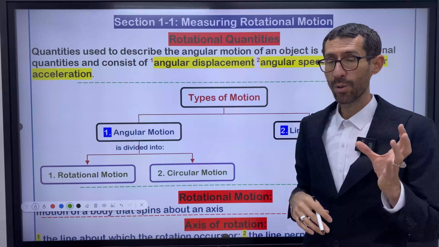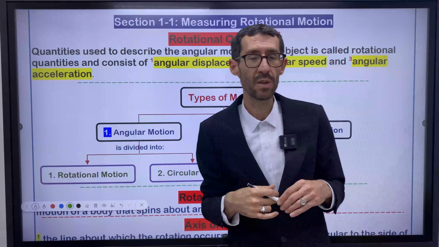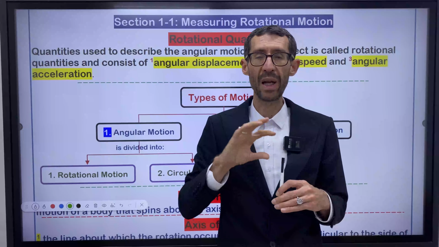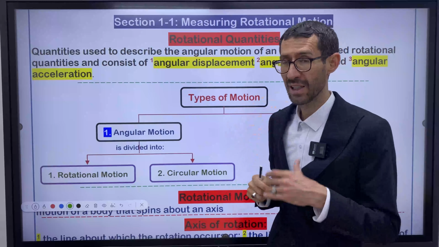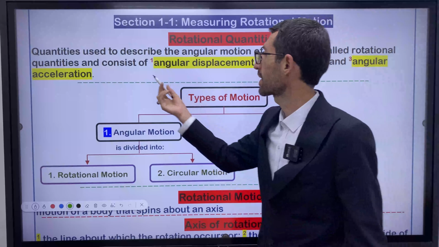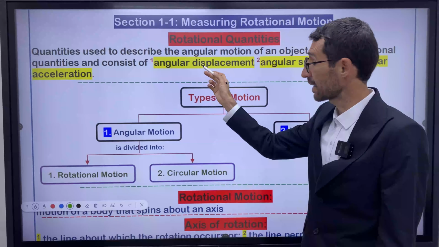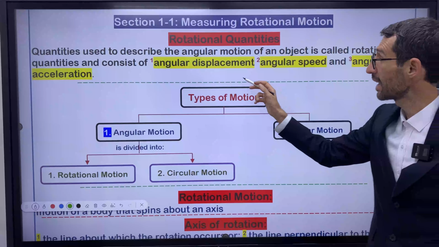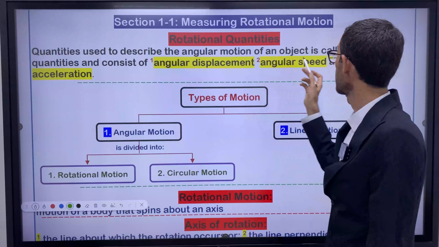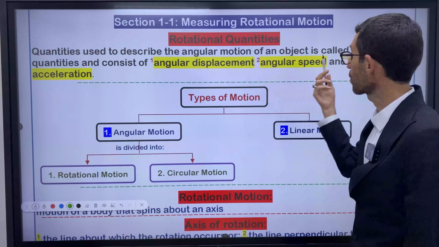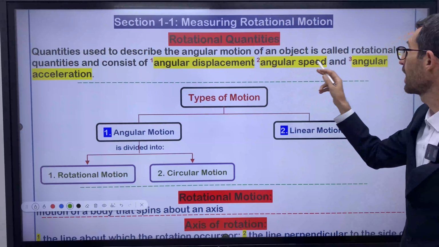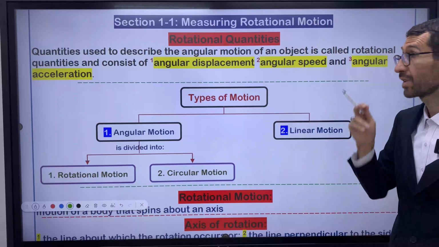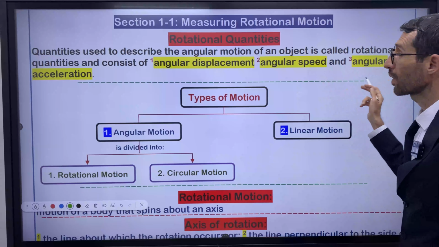What do I mean by angular motion? Angular motion means either we have rotational motion or circular motion. A rotational quantity consists of what? It consists of angular displacement, angular speed, and angular acceleration.